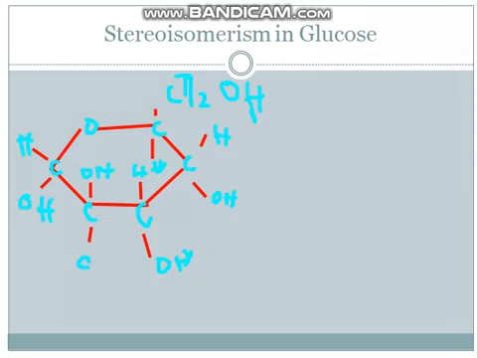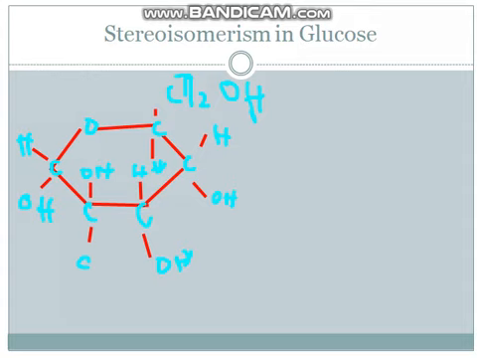I'm going to draw some structures so you can see and differentiate between the enantiomers of glucose. Forgive me for the bad drawing skills, but that's basically the levorotatory molecule of glucose, which would rotate plane polarized light towards the left.